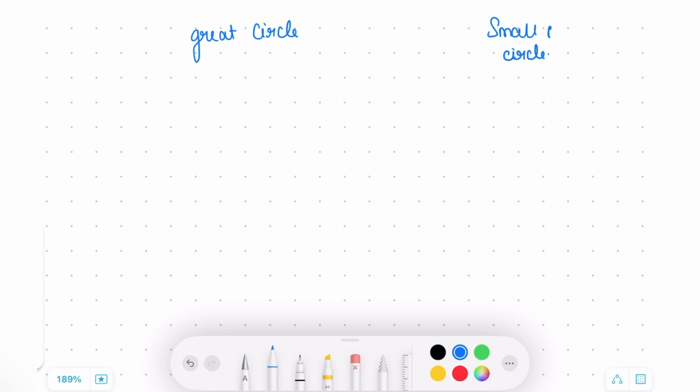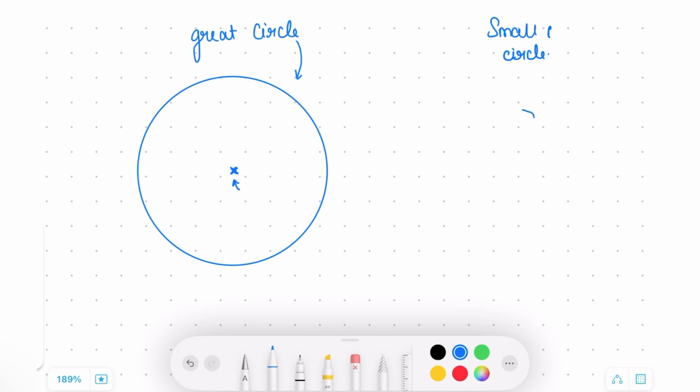If we were to cut discs of the earth, such that the disc passes through the point of intersection of both the major axis and the minor axis, which is basically the center of the earth, of a sphere, they both will intersect somewhere. That will be the center of that sphere. So if this disc were to pass through that center, then we call that a great circle. This is a geodesic disc. If it does not pass through the center, then we call that circle a small circle.